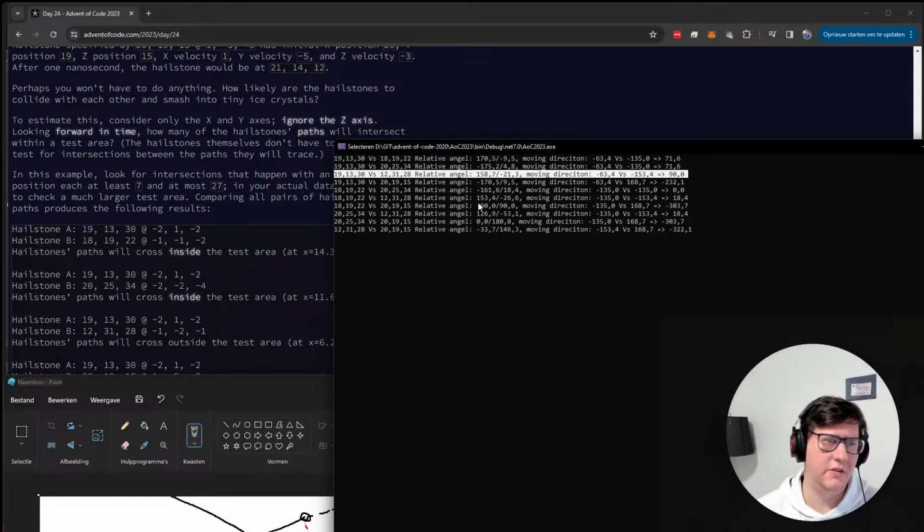Because I should probably determine if the ray, or the way that we're moving, if it's even going towards the target.